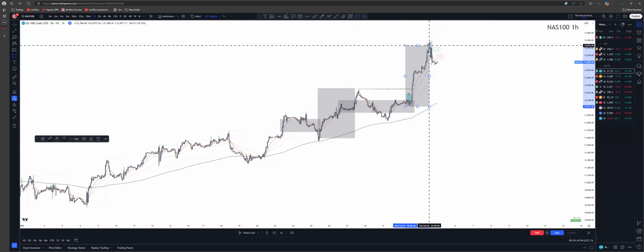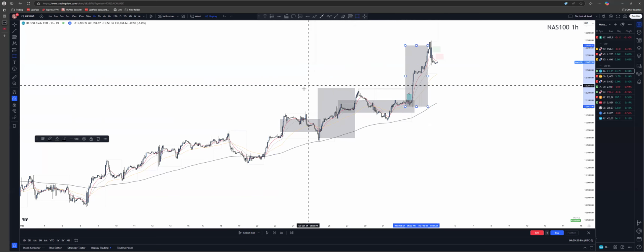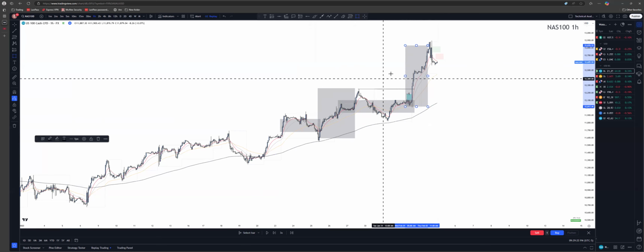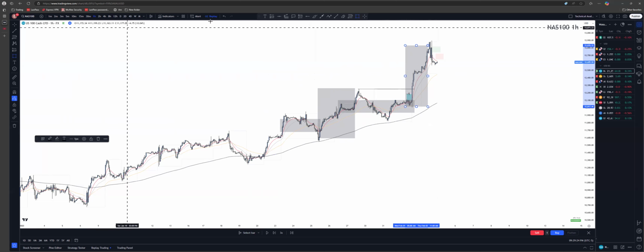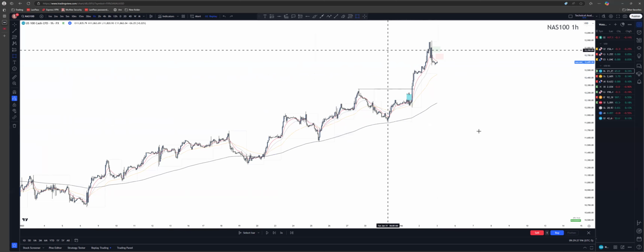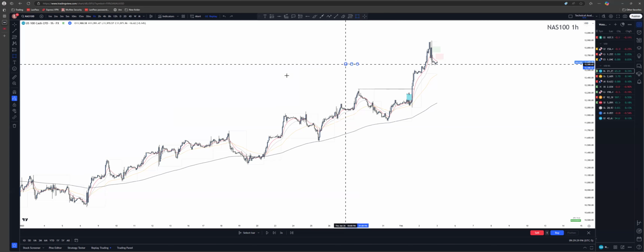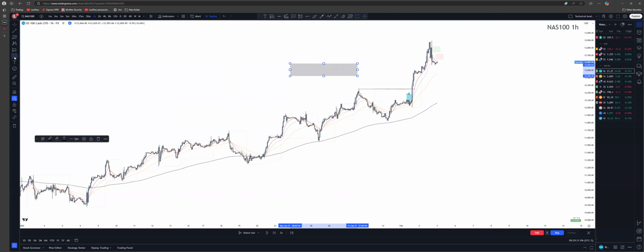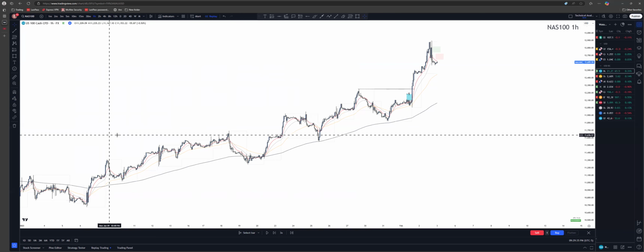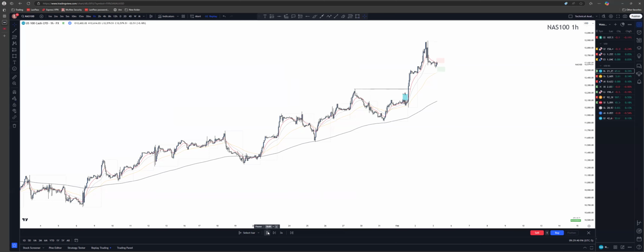That's my thought process about taking opportunities. So we're looking to enter on the beginning of this stage two formation, and we'll look for that build up again on the 1 hour time frame.